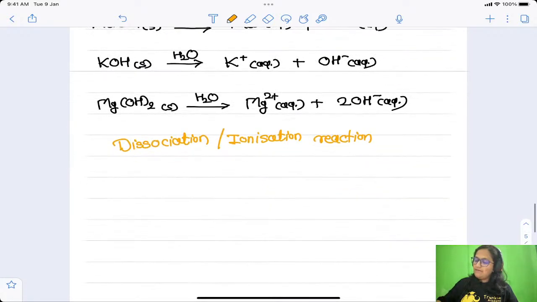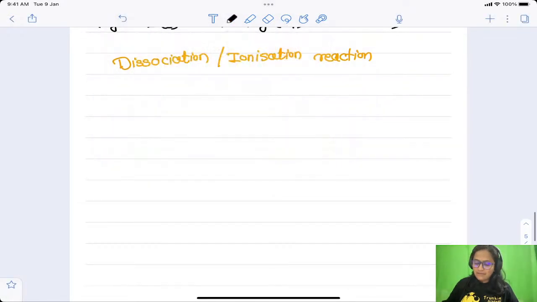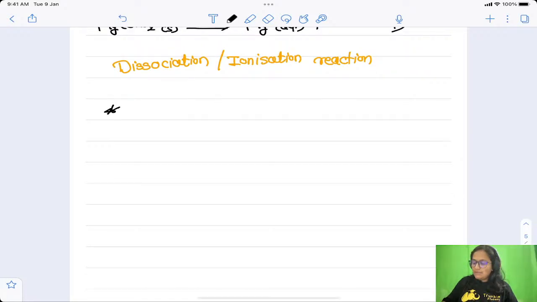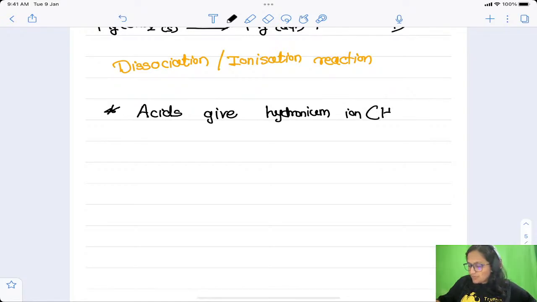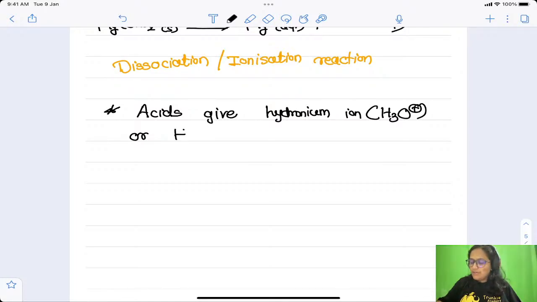So in conclusion, I will write down one simple statement here. These two statements are very important. Acids give hydronium ion, that is H3O+, or we can say proton instead of hydronium ion. Proton is nothing but H+ in water.